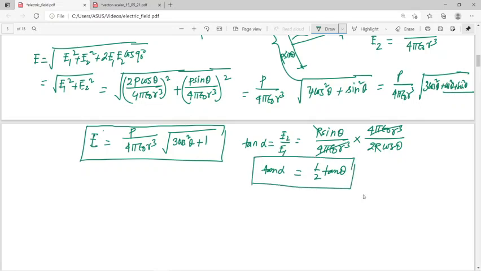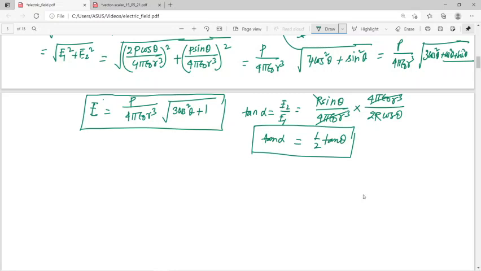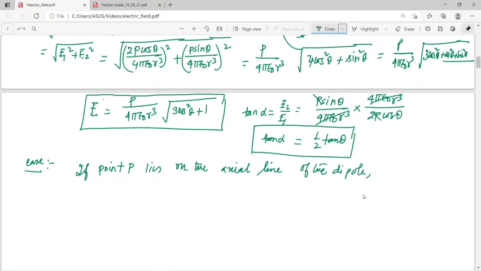Now if we consider the case where point P lies on the axial line of the dipole, then the value of theta is equal to 0 degrees.